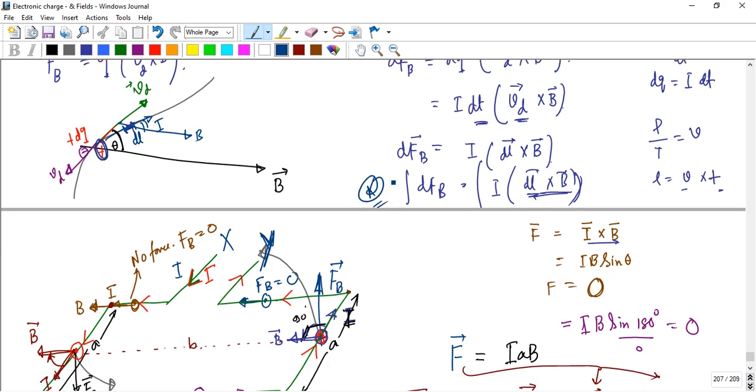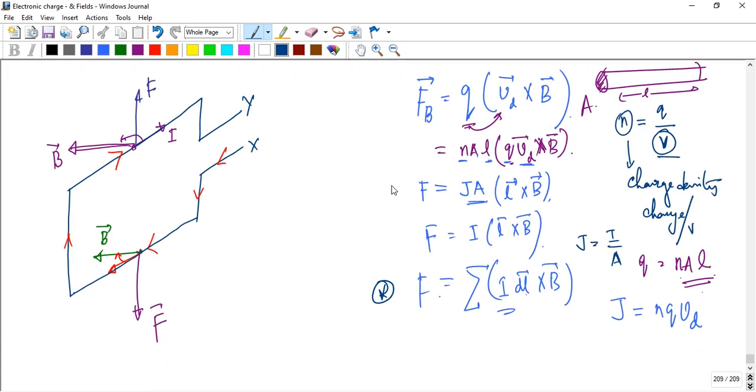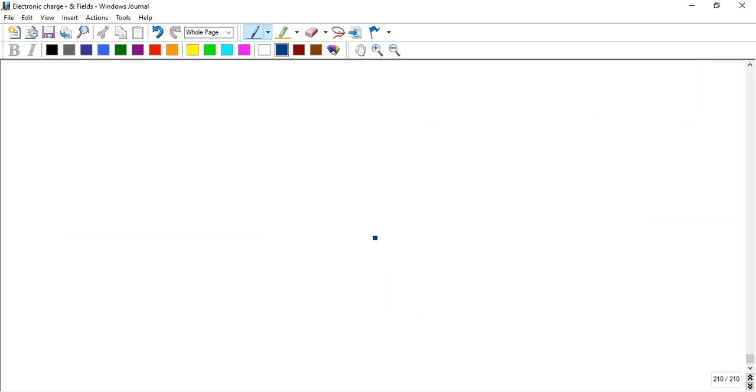Now the next concept we discuss is motion in a magnetic field. That's very important.